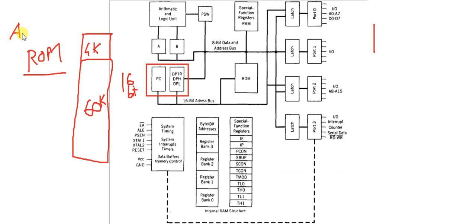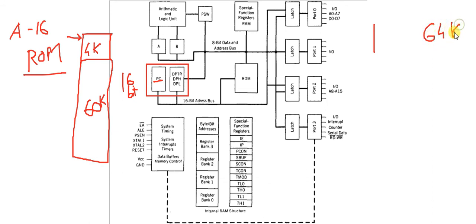The address bus is 16-bit, and this 16-bit comes from the program counter. That's why our program counter is 16-bit. So the address bus we are connecting with this memory is 16-bit. And one important thing, the combination of internal plus external memory should not exceed 64K.